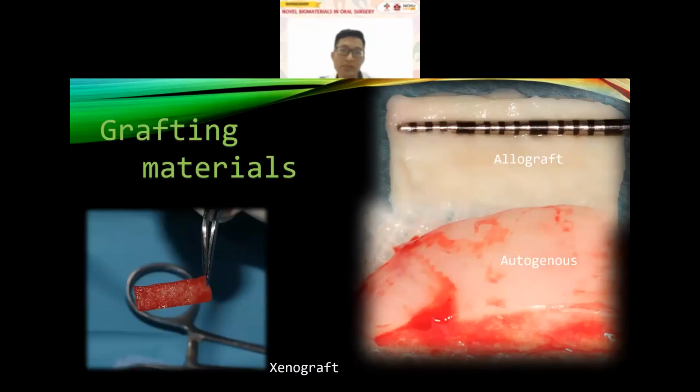So let's talk about grafting material. Many authors recommend the autogenous soft tissue graft as the gold standard for soft tissue augmentation. But nowadays we have a lot of alternative methods like xenograft and allograft.